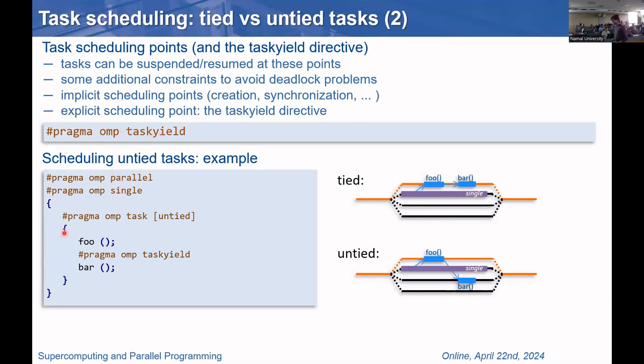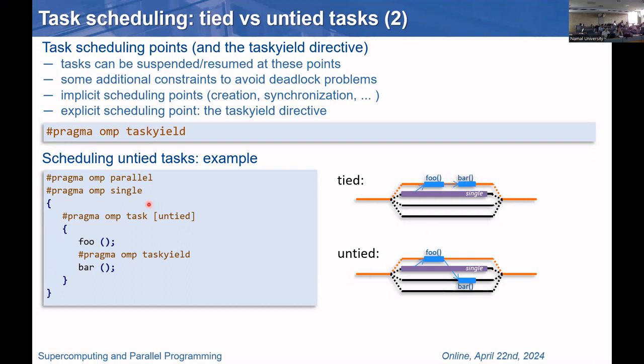We have a parallel single with one task, so it's only one task, that can be labeled as untied, and then it executes function foo, does a taskyield, and executes a function bar. If that untied is not there, so if the task is tied, we are sure that foo and bar execute in the same thread.